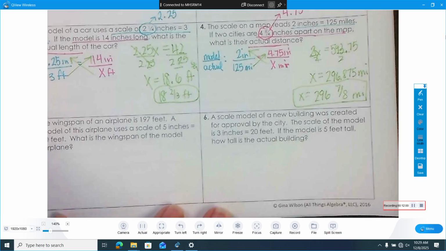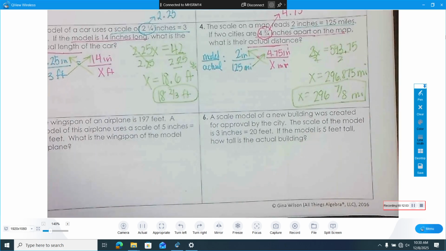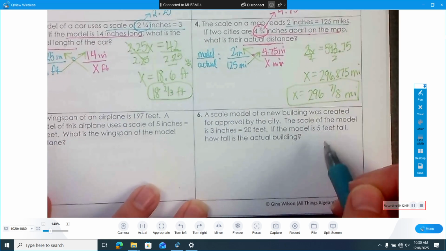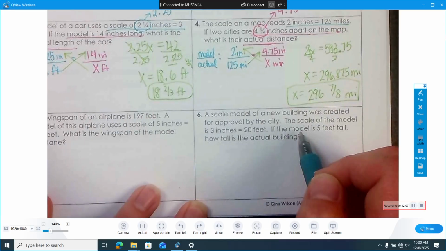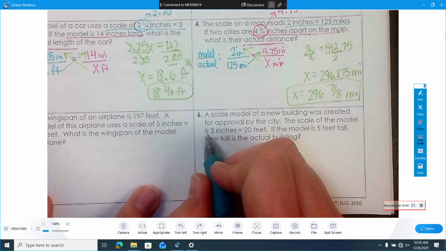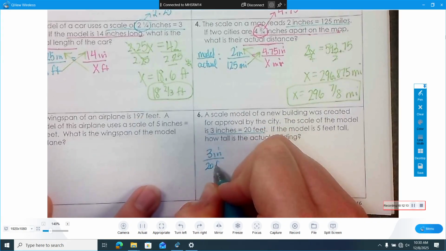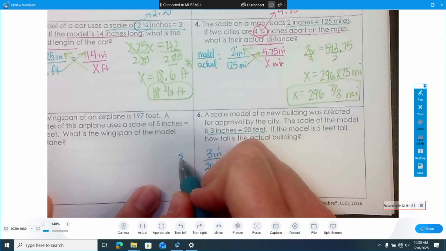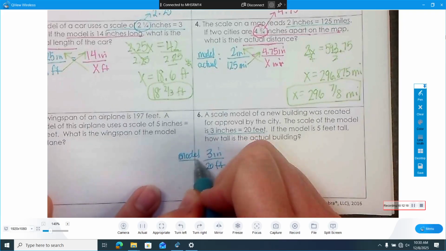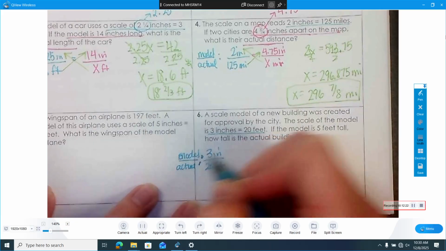Okay, number 6. The scale model of a new building was created for approval by the city. The scale of the model is 3 inches equals 20 feet. 3 inches is 20 feet. And that is the model on top and the actual building on the bottom. It's important that you keep that straight.